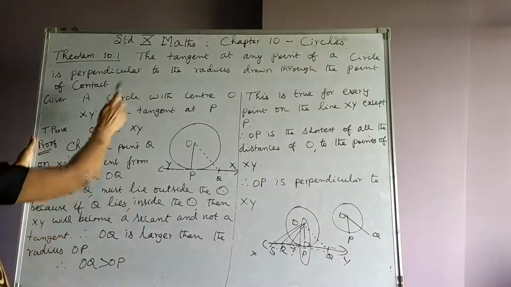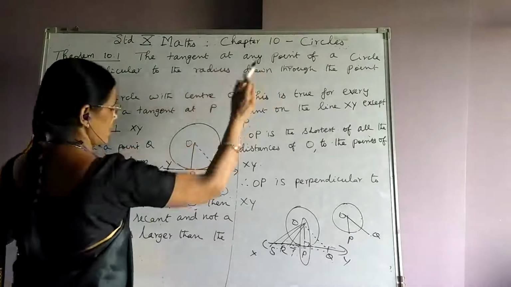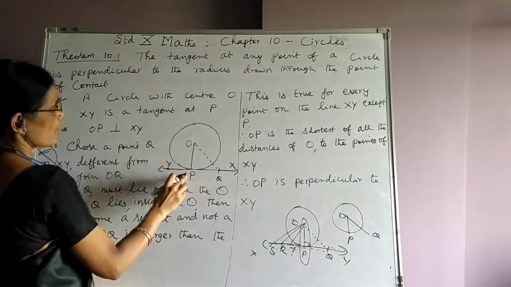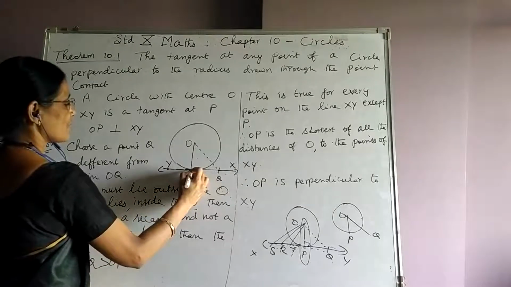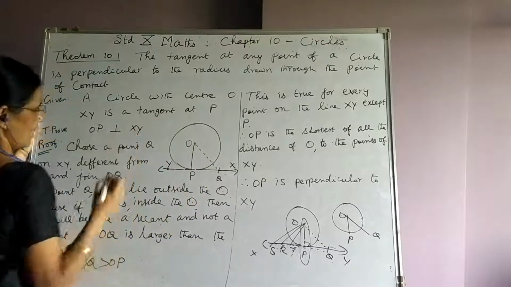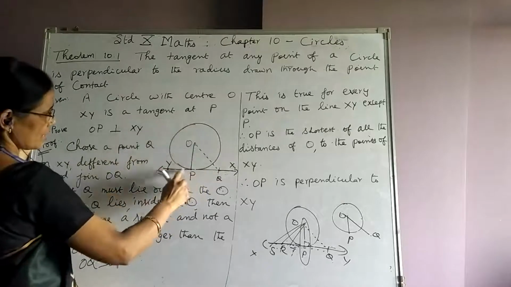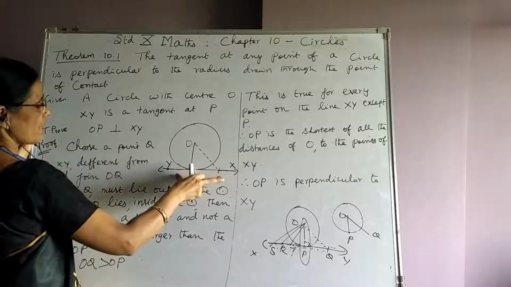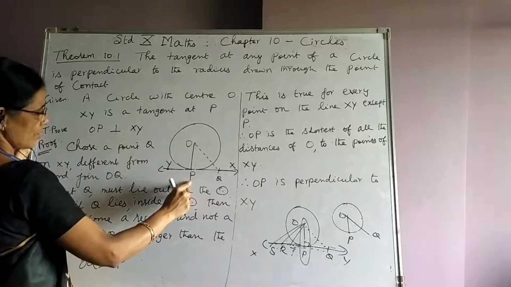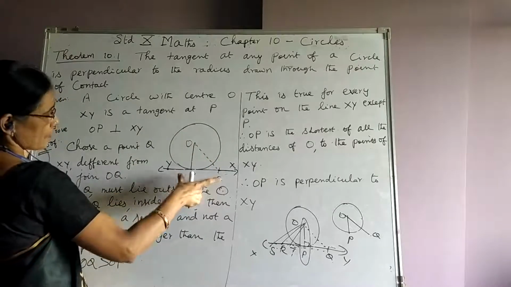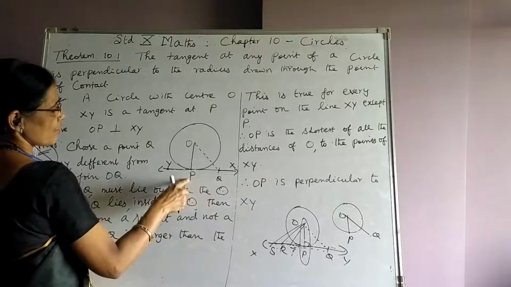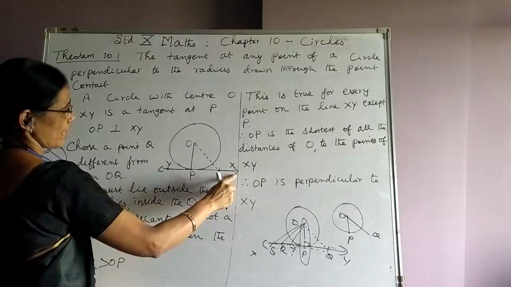So the theorem is: the tangent at any point of the circle is perpendicular to the radius which is drawn through the point of contact. So we are given a circle with center O and XY is a tangent at the point P. We need to prove OP is perpendicular to XY. Now choose a point Q different from P on the line XY.